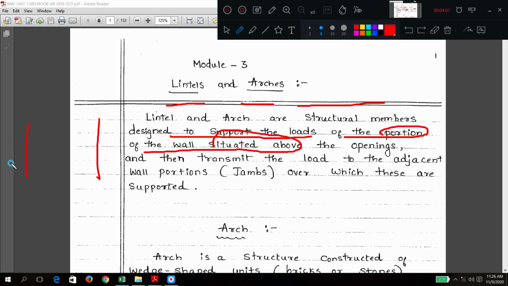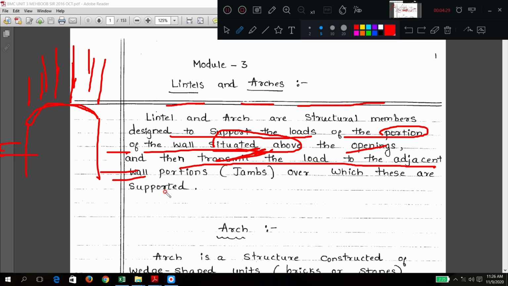Suppose this is a wall; here the wall continues, and this side also the wall continues. The lintel or arch covering the opening supports the wall above the opening, and then transmits the loads to the adjacent portion.